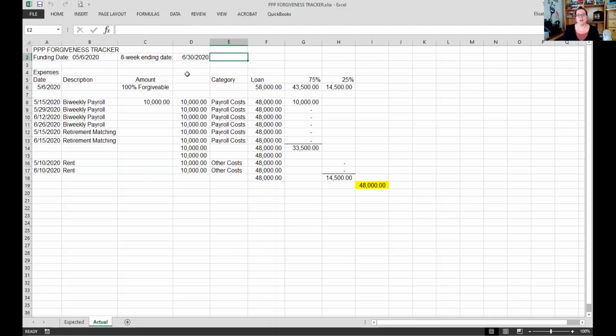You're going to want a trail that shows it came out of your bank account, because paying the credit card is not a forgivable expense. Rent is a forgivable expense, write a check. Utility is a forgivable expense, write a check. Or use your debit card out of that bank account. Do not use a credit card. And if you can't figure out how to do that, then you're going to have trouble getting things forgiven. So definitely don't use credit cards for this stuff.